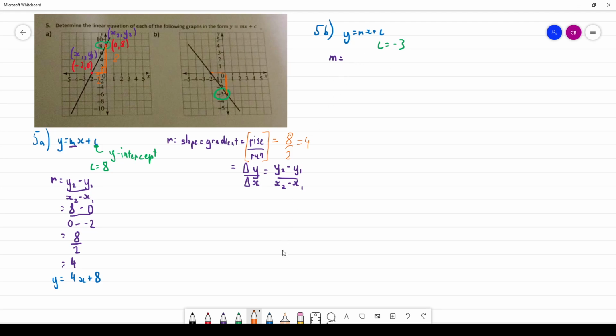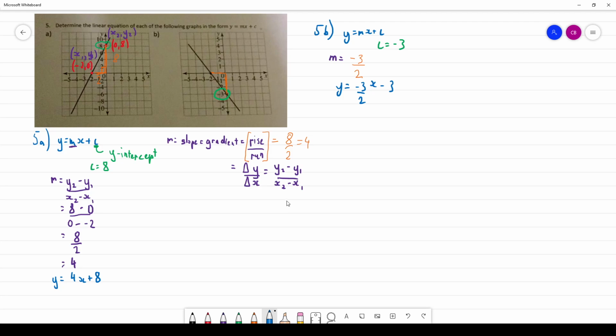So our rise is going to be -3 over, and going across, that's just 2. So that's our gradient. We just got that from looking at the graph. So we could just write down y equals -3 over 2 x minus 3.